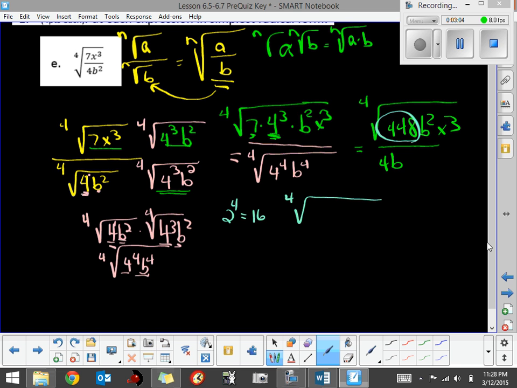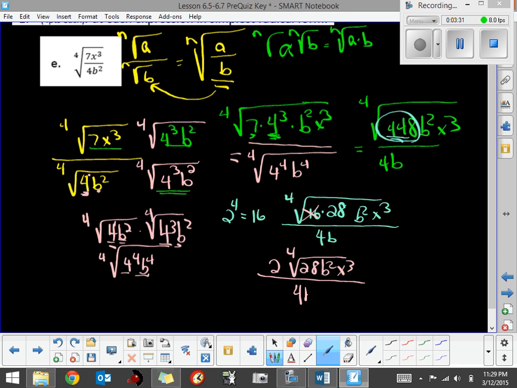So I got the fourth root of, I divided the 448 into 16 times 28, and then our b squared x cubed all over 4b. Now the fourth root of 16 was 2, so I took out the perfect fourth root of 16, made it a 2, and I had the fourth root of 28 b squared x cubed all over 4b.